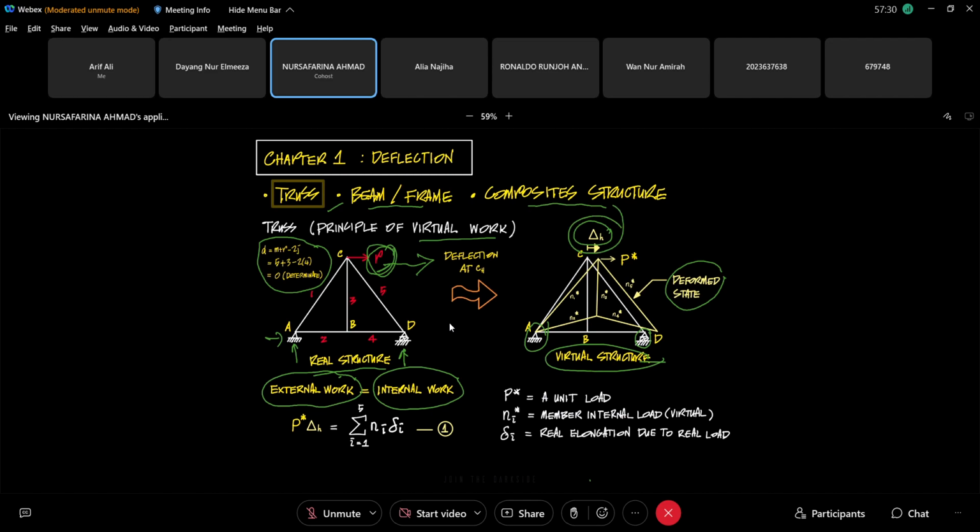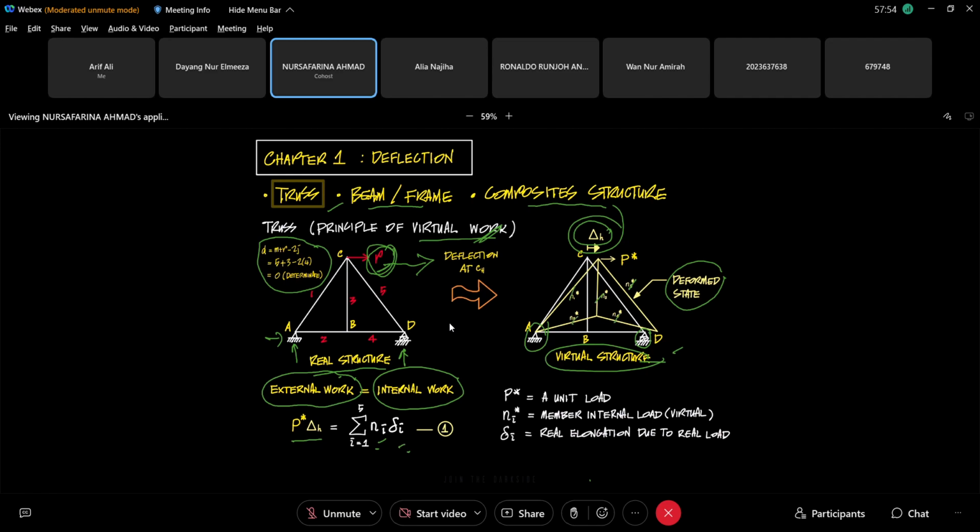Okay, so this is a load P for virtual. So this is a virtual work. When we talk about virtual, so kita tengok dekat virtual ni lah. Okay, alright. So equal to summation N D, which is N the member internal force times with D is elongation. So N tu each member punya load.